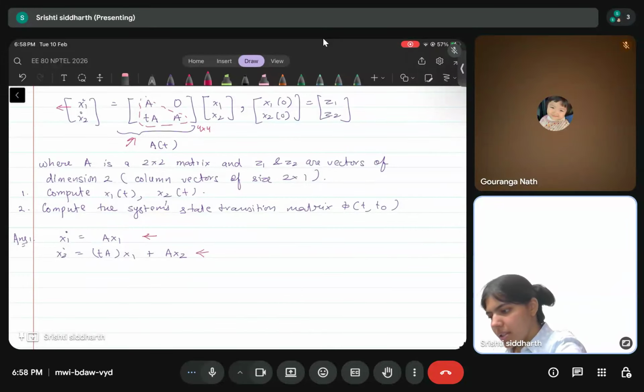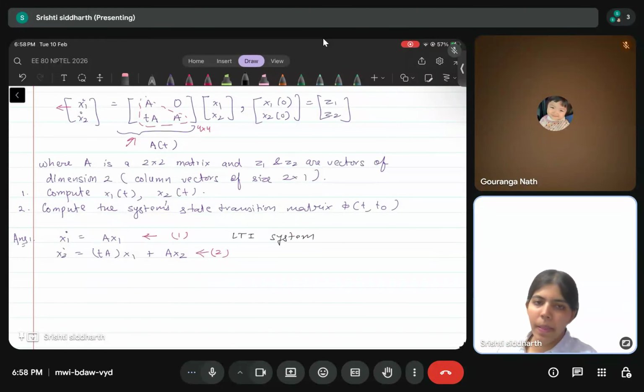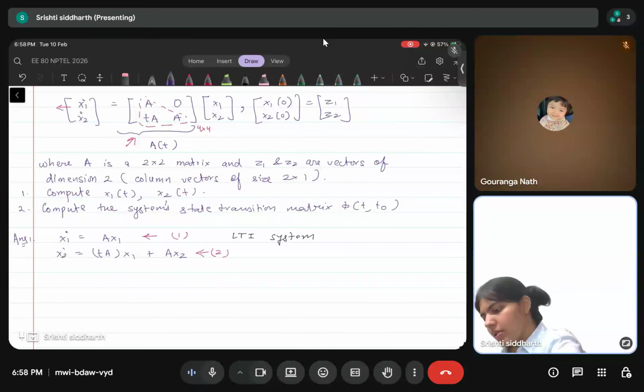Observe that since A is a constant 2 by 2 matrix, let's say this is the first and the second. First is an LTI system. So this means x1 at time t is simply e to the power A(t minus t naught) times x1 at time t naught.